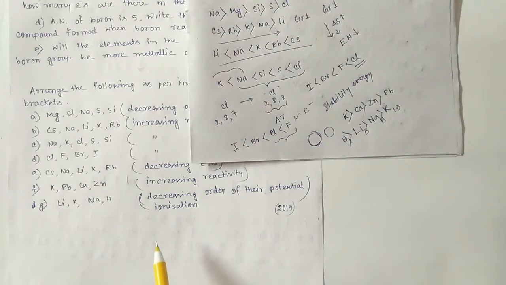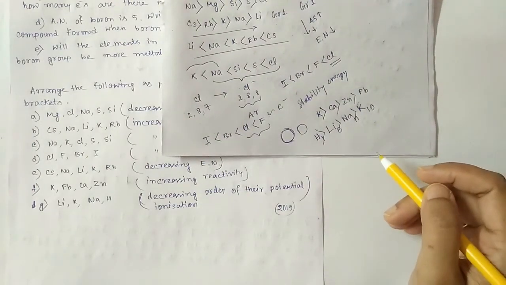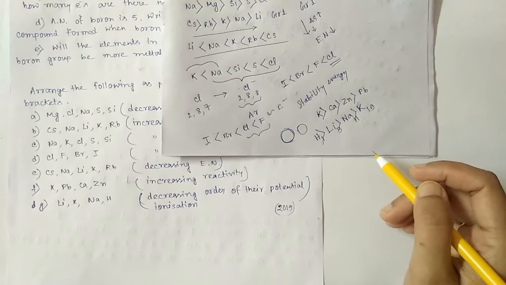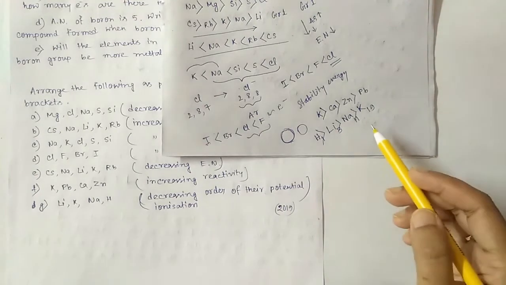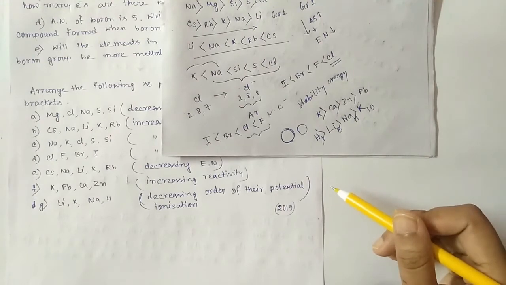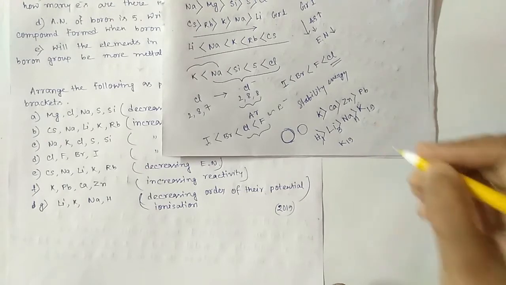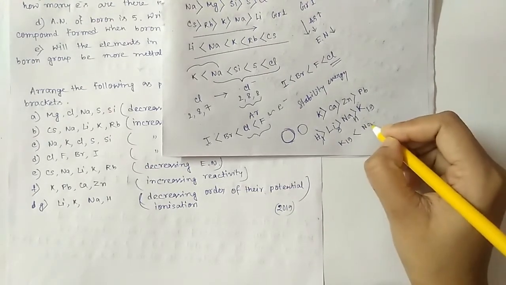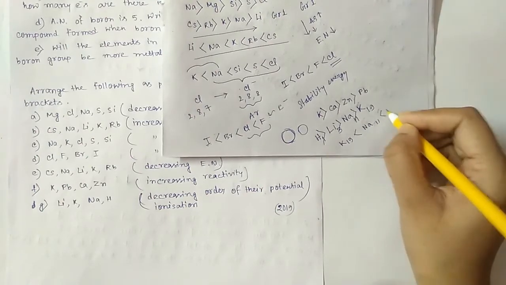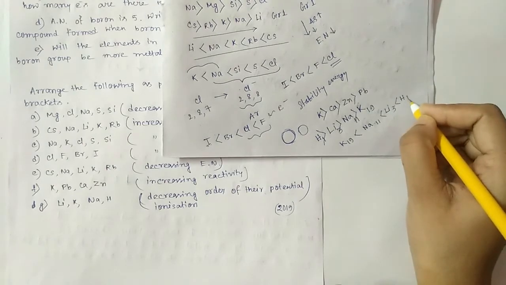So you have to arrange them in decreasing order, starting with the greatest element. The element having the greatest ionization potential is potassium, and then sodium, and then lithium, and then hydrogen.